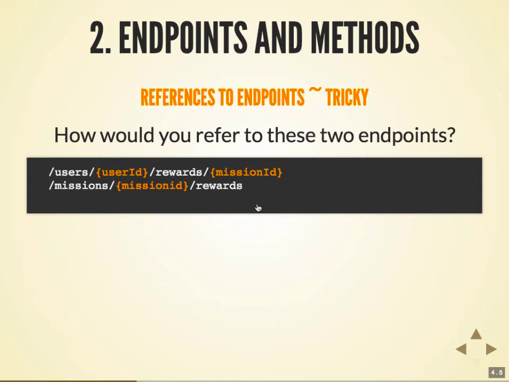How do you refer to these when you write documentation? Do you say, in order to get the available rewards for this mission, you're going to call the user/user ID/reward/mission endpoint? Or do you have a pet name for this and just call it the mission ID endpoint? It can be kind of tricky, and there's no sort of standard way that people refer to all these endpoints.